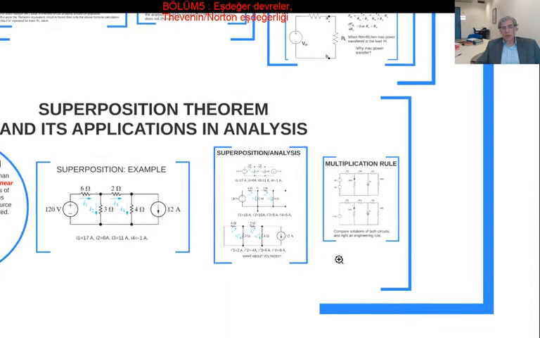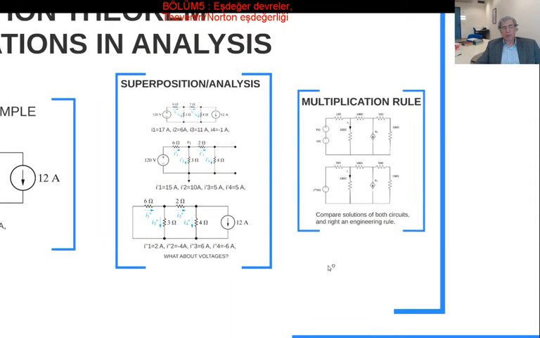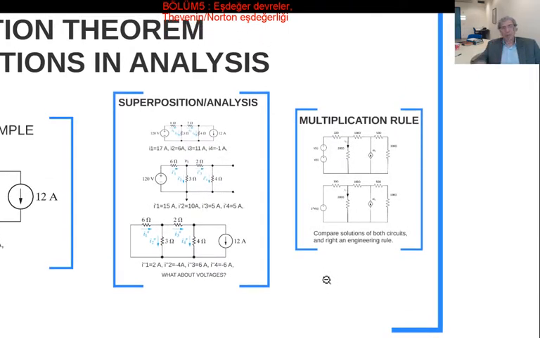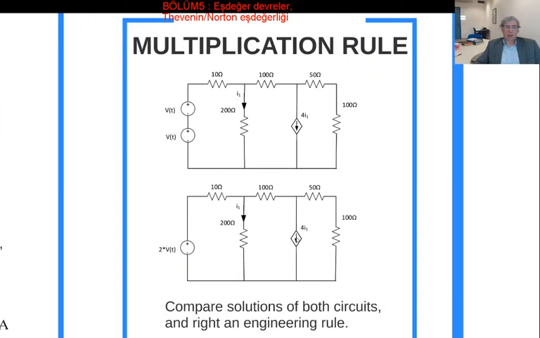Now, there is a conclusion that comes out from this superposition theorem. It is called a multiplication rule from time to time. So if we consider now, we said any more than one independent source, assume that there are two independent voltage sources connected in serial. So you're going to find the currents and voltages of all the elements while those two sources are in.